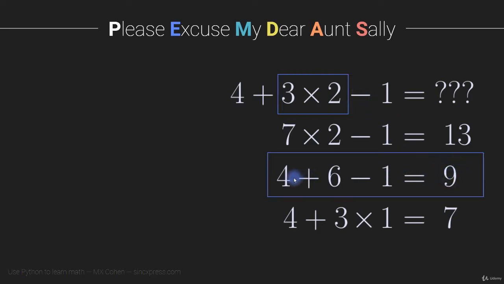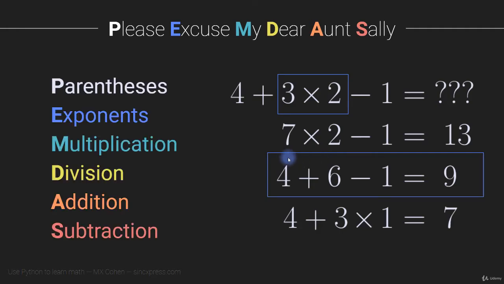Now, how do I know that it's this answer and not any of the other possibilities? Well, the answer comes from this thing called the order of operations. The order of operations is a sequential list of which arithmetic operations take precedence or priority over other arithmetic operations. So here's the order of operations.